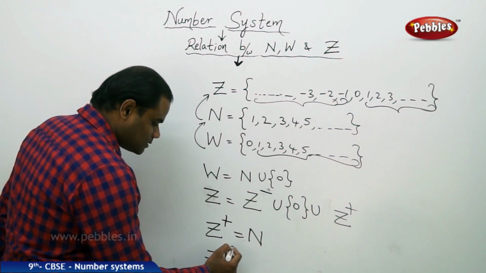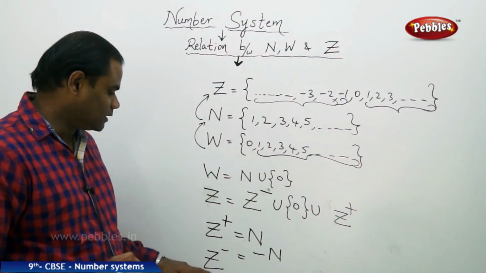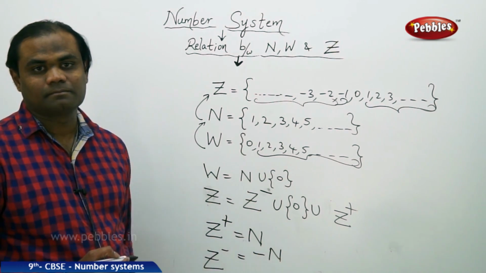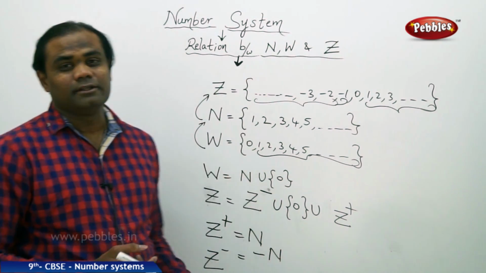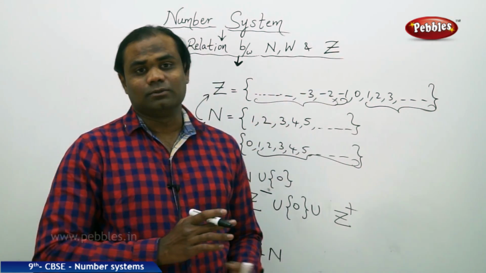So Z minus is minus N is how we understand the relation between Z minus and N, and that is how we get the different types of relations between Z, N and W.